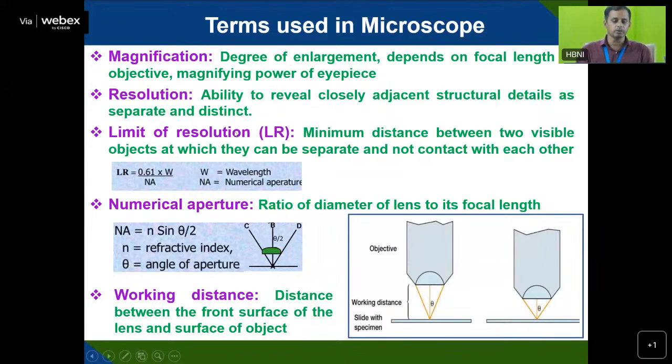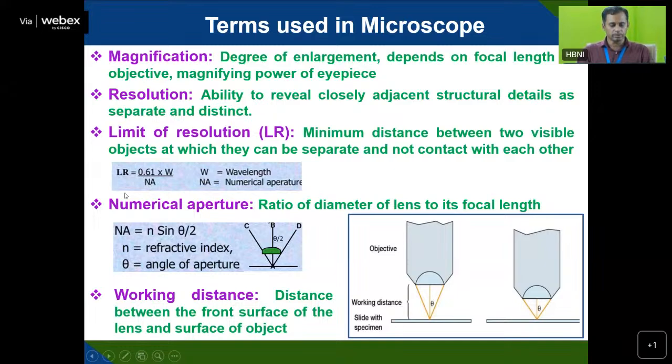Then you have the limit of resolution, the minimum distance between two visible objects at which they can be separated and are not in contact with each other. That is, the minimum distance at which two objects can be visible as separate. The limit of resolution LR depends on 0.61 times the wavelength of the light divided by the numerical aperture.